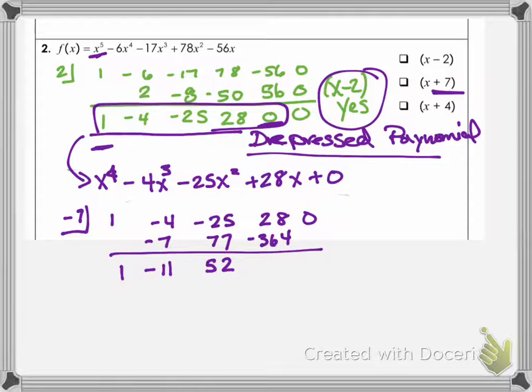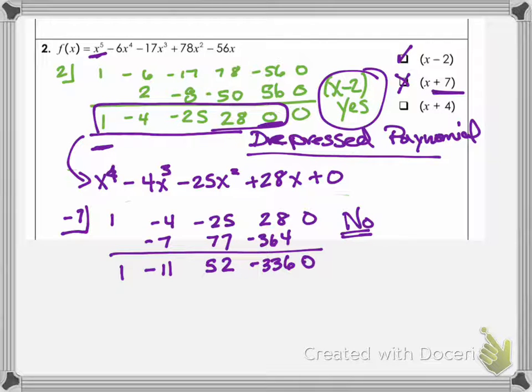And so adding that together, taking 28 away from that, would be -336. And -336 times 7 is definitely not going to get you, adding it to 0, a 0 here. So I'm going to just say no to this right away. So this one was a yes. This one is a no.